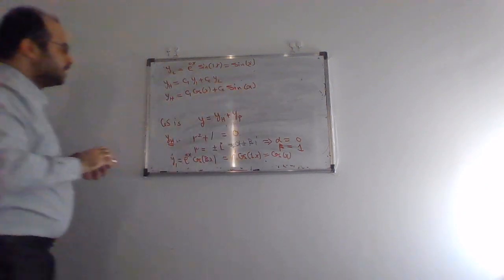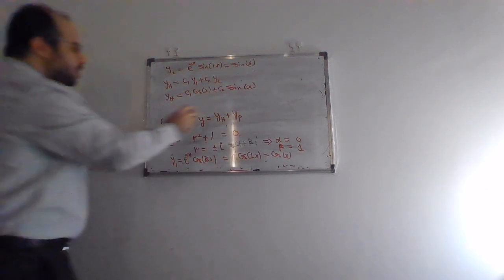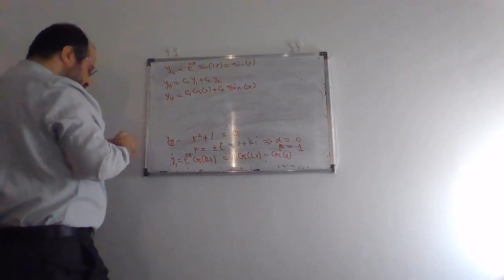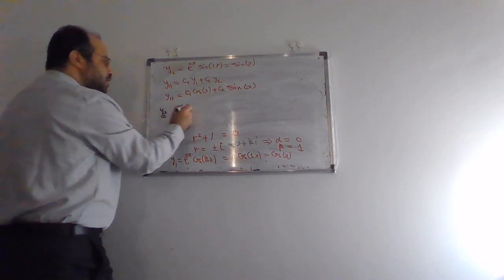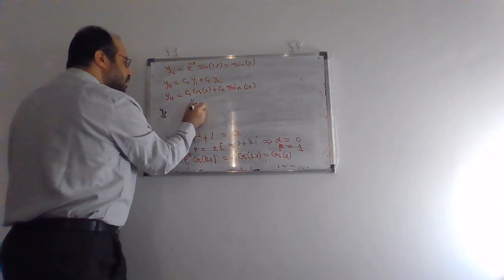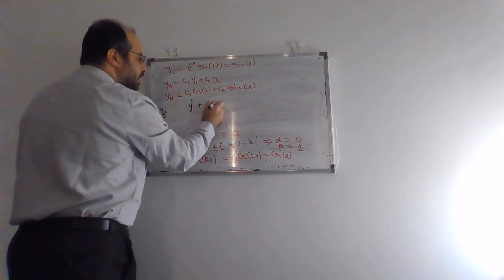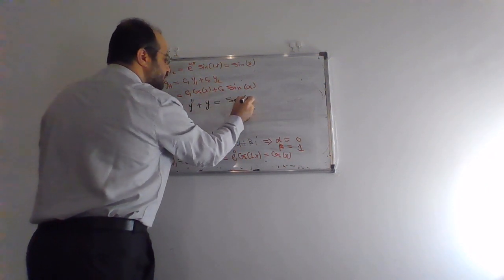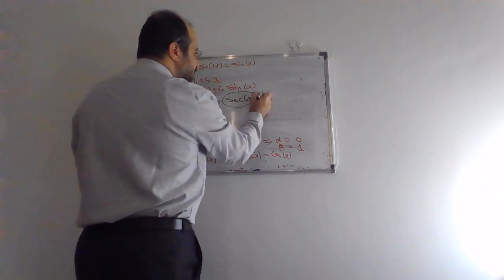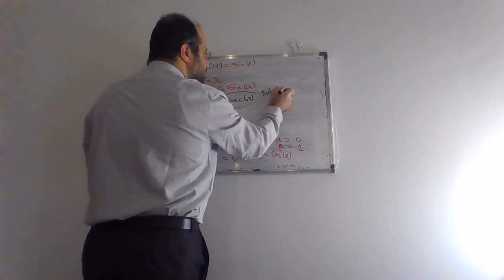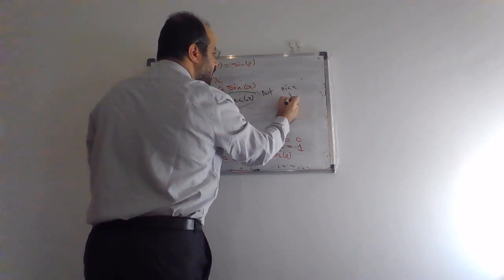Now the second part is getting y particular. You go carefully to your equation here, and you have secant, and this is your f of x. This is not nice for us, because it is kind of 1 over cosine.